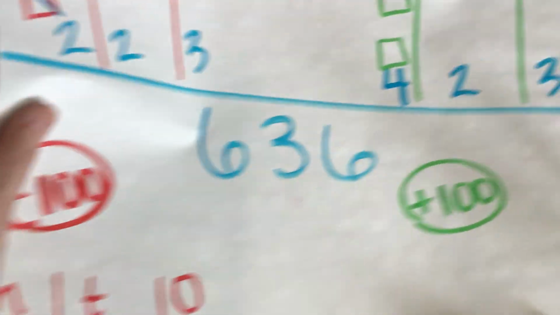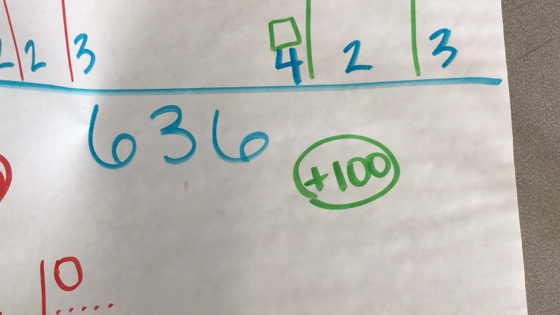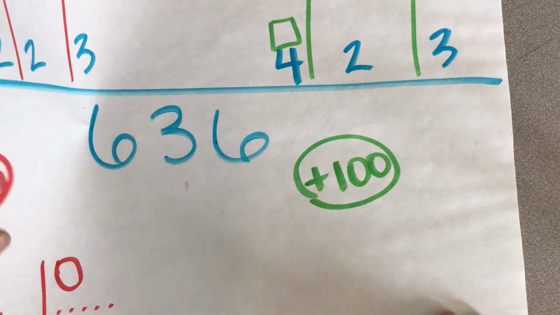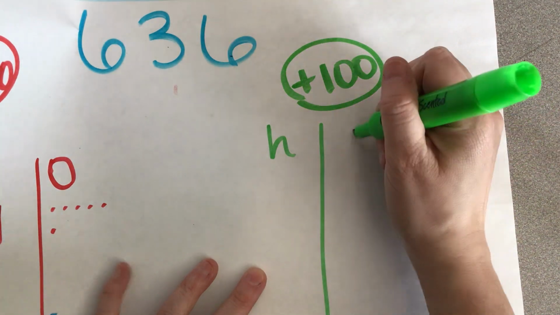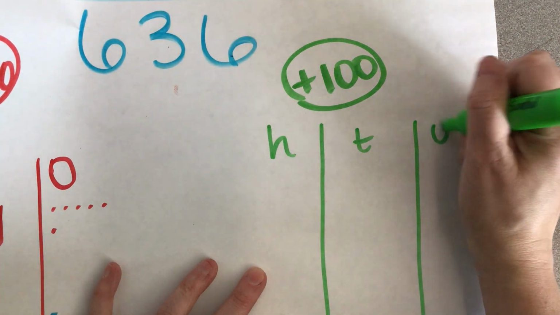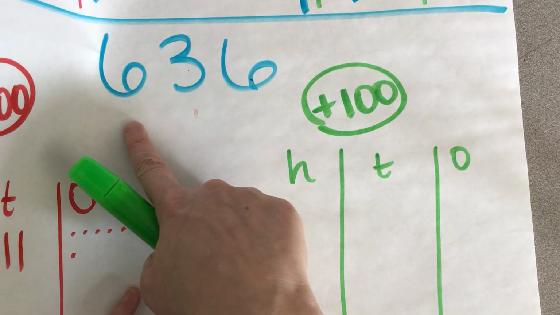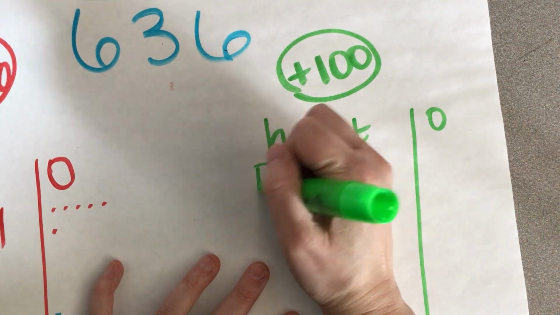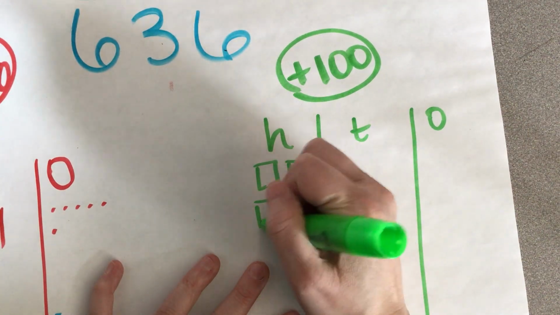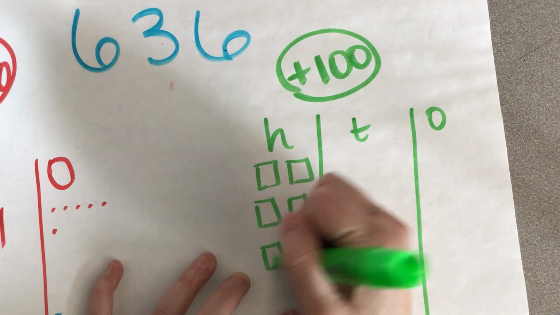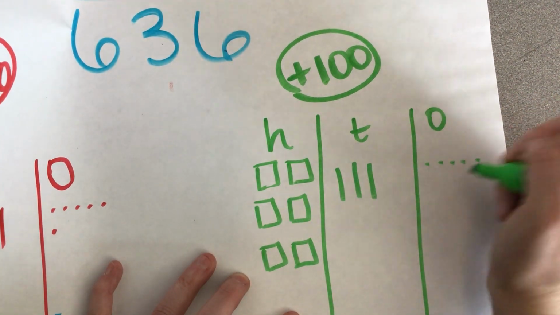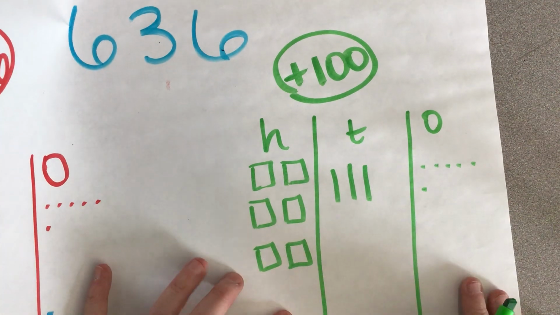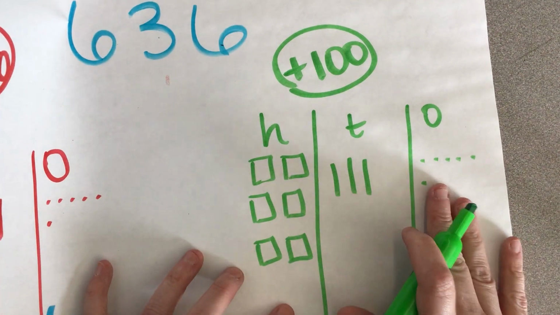Okay, so now if I take that number and I figure out 100 more, I'm going to draw my place value chart. And I'm going to draw my original number, 636. Okay, so I have 636.